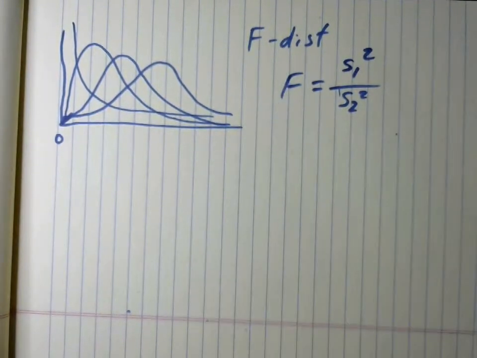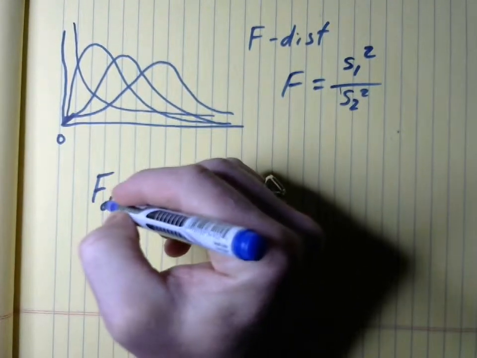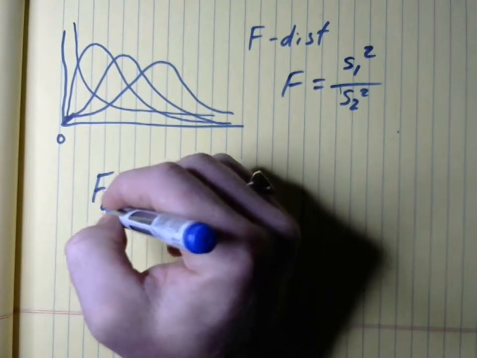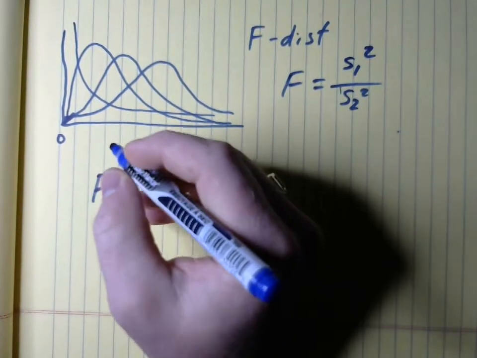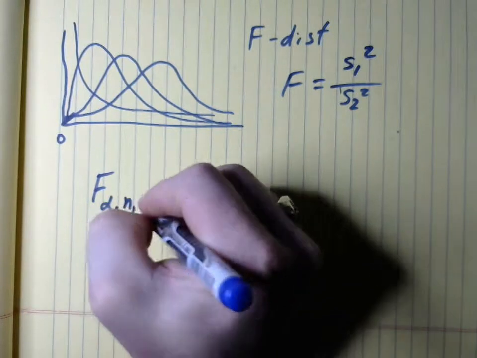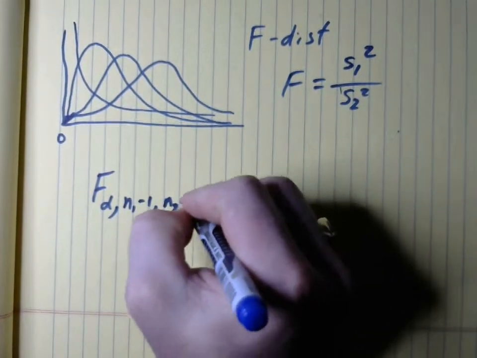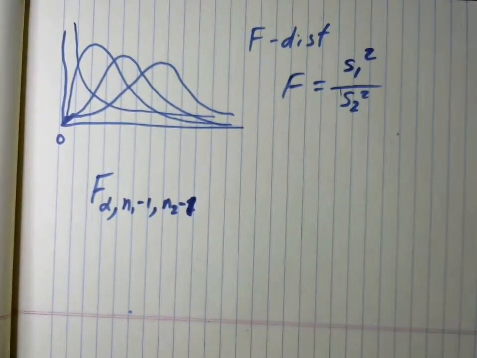Let's talk about some of the properties of an F distribution that you will be using here. First off, we have some subscripts. Let's say F sub alpha, N1 minus 1, comma, N2 minus 1.